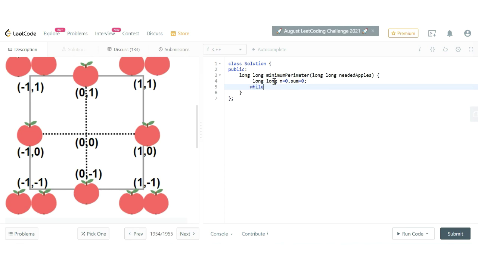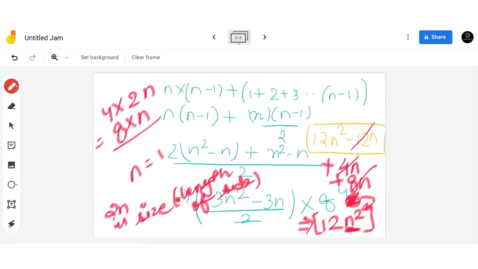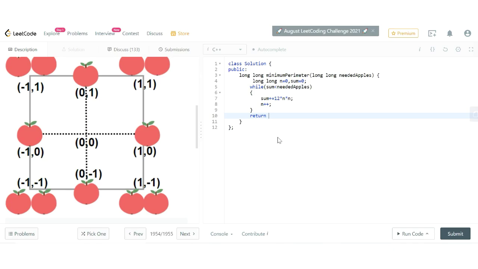So here it is our n and sum variable, and now we are running the loop till the sum is less than the number of needed apples. So every time we are increasing the side of the square by 2, since we are increasing n by 1, so n plus plus, and we are doing sum plus 12 times n square, and at the last we will return 8 times n.